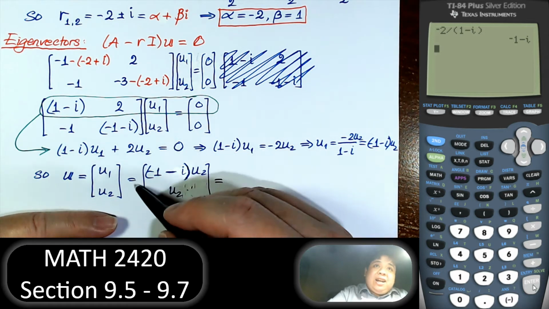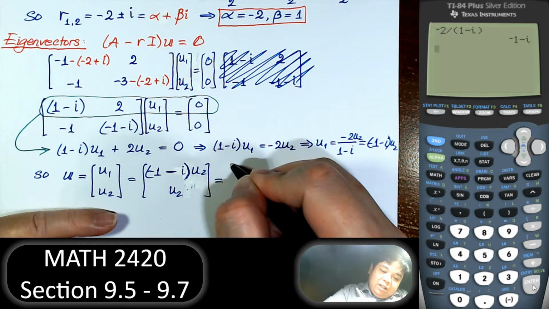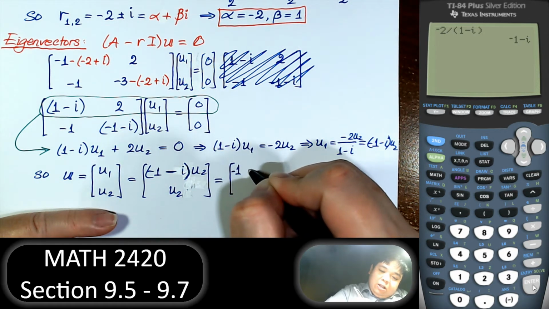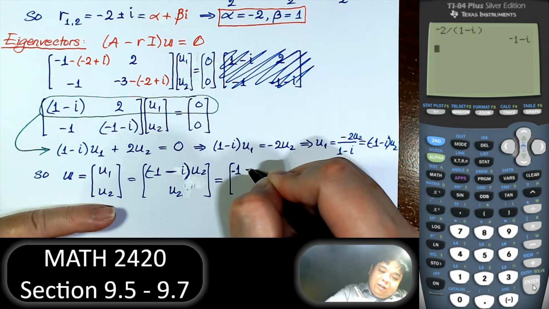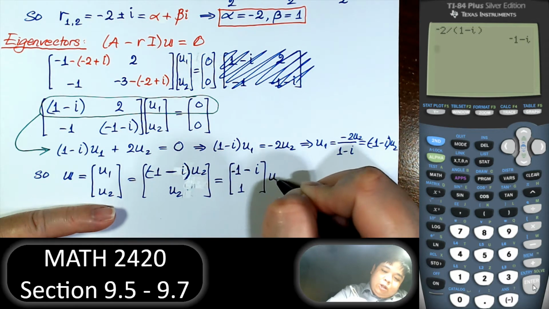Or better yet, let's split this first. Factor out u2 and then split: -1 minus i and 1, times u2.